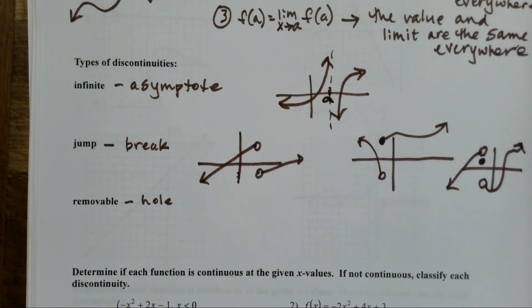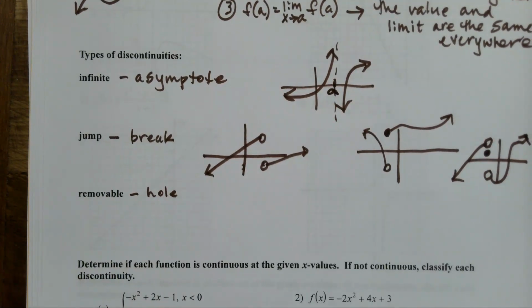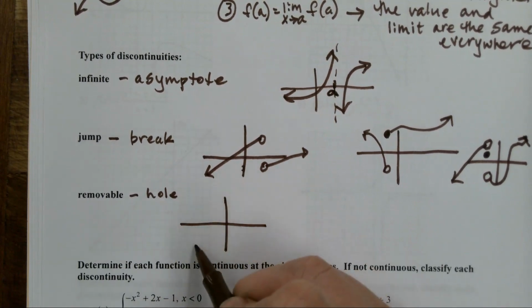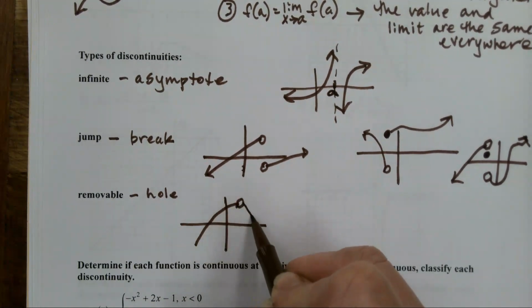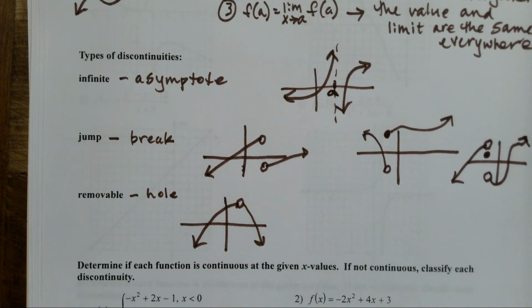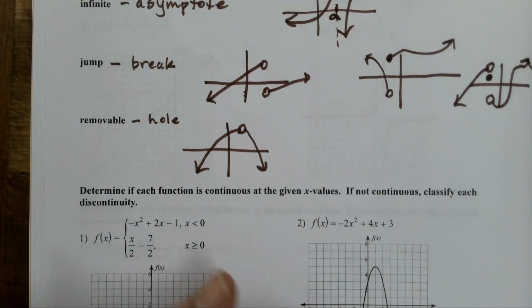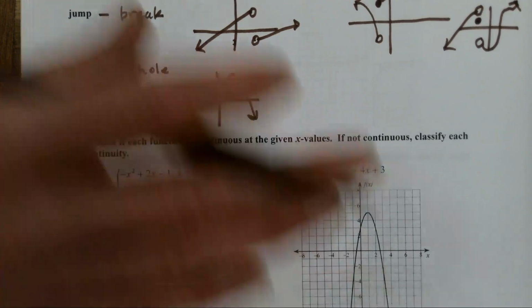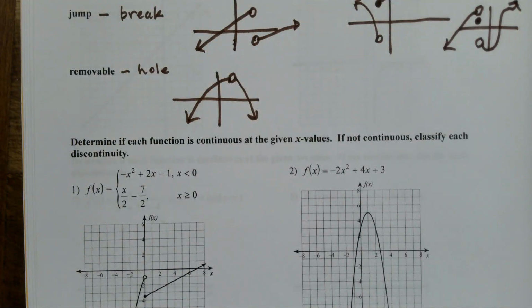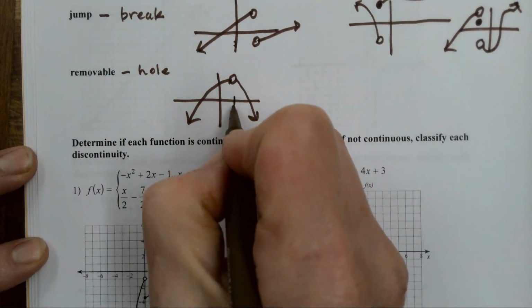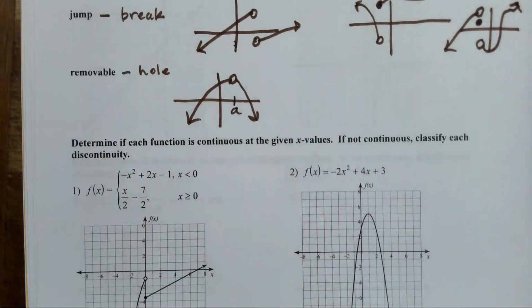A hole or removable actually just has a hole in the graph that it would be continuous if that hole weren't there. It comes together on both sides. So it has a limit at A, it has a limit there, it just doesn't have a value there.